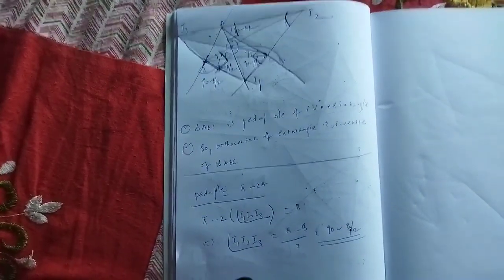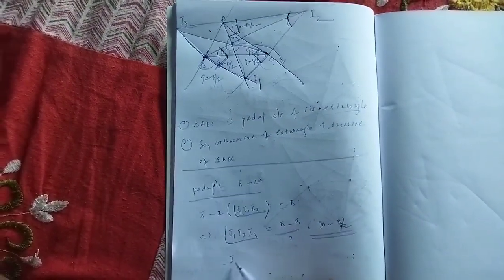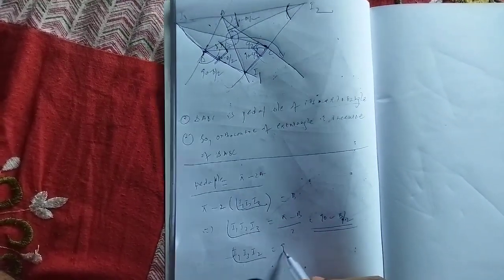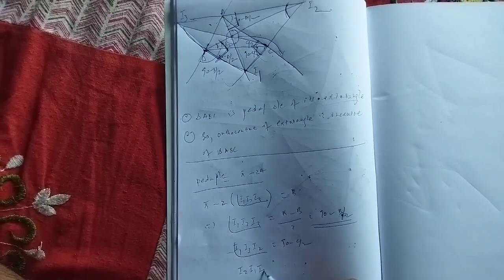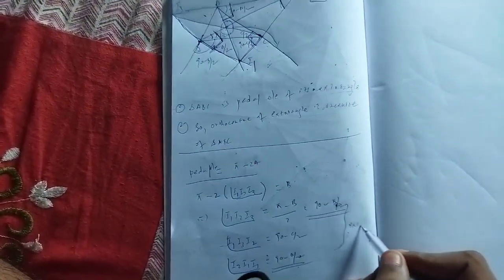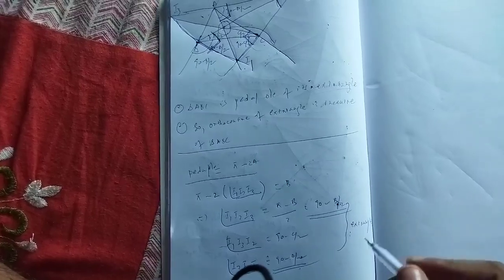Similarly, I1, I3, I2 is 90 minus C by 2, and I2, I1, I3 is 90 minus A by 2. These are the angles of X triangle.